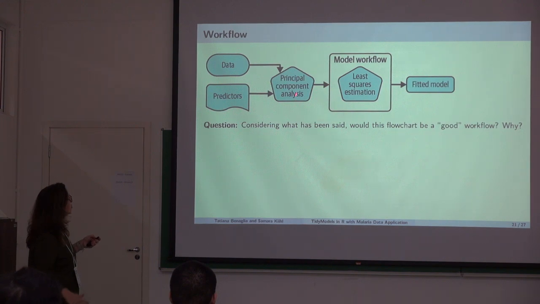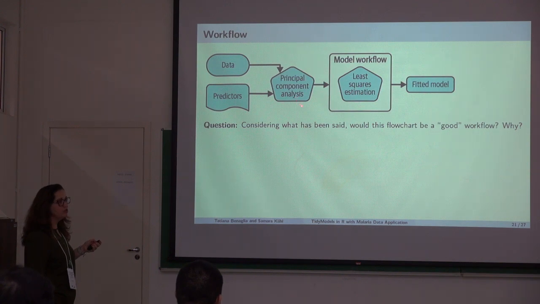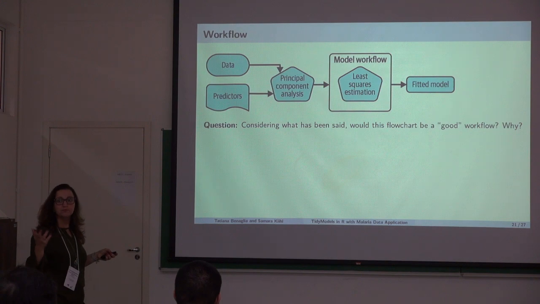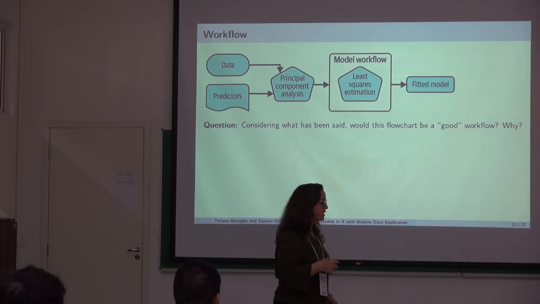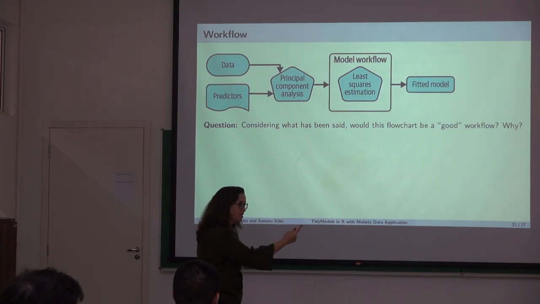And that's the thing. So considering what we said before, do you think this is a good workflow? Principal component analysis, we use for what? Just to reduce dimension, right? It's a kind of dimension reduction, exactly. So this is a pre-processing part.